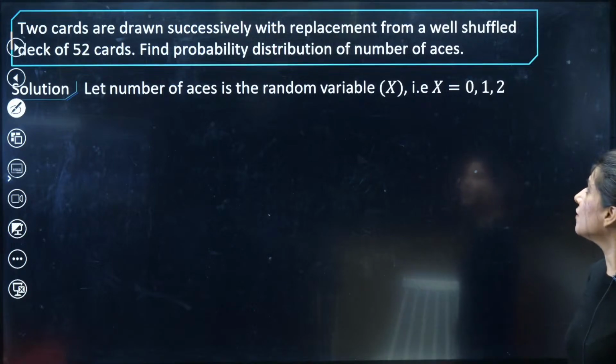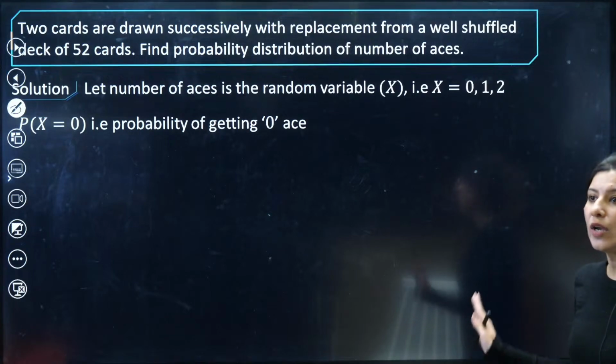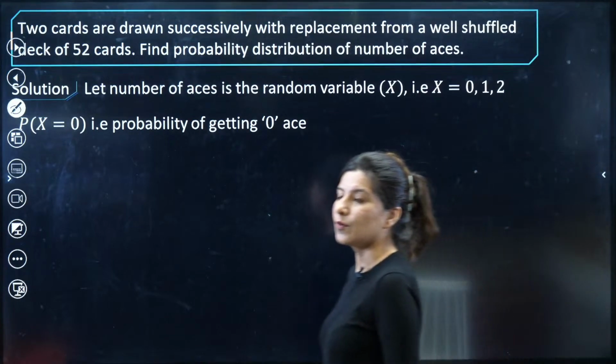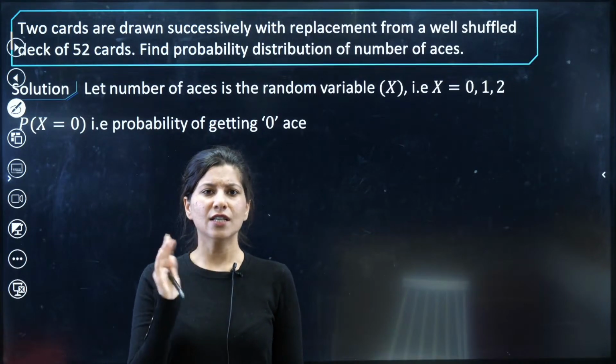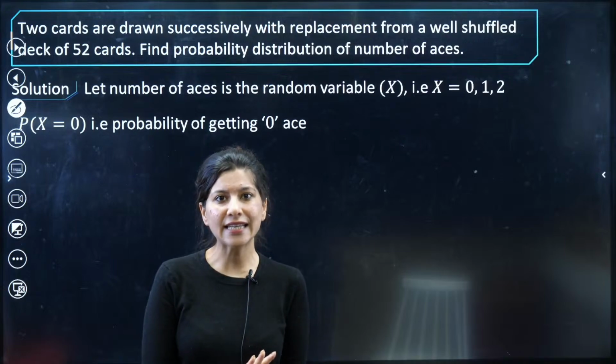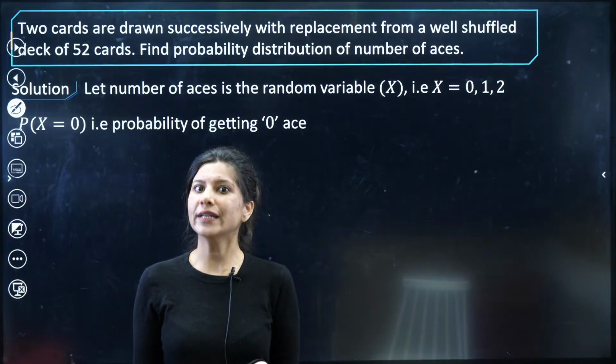Now the probability of getting 0 ace. Out of 52, 4 are aces and 48 are non-aces.